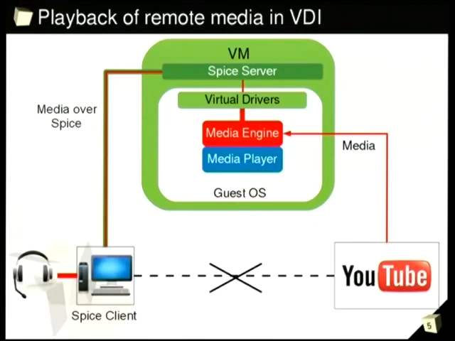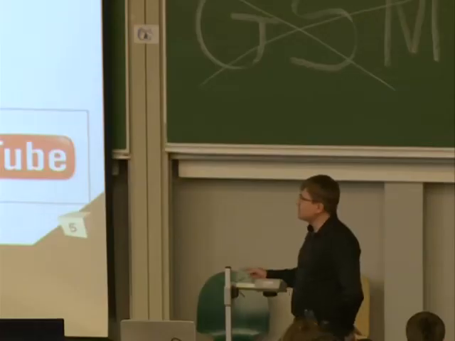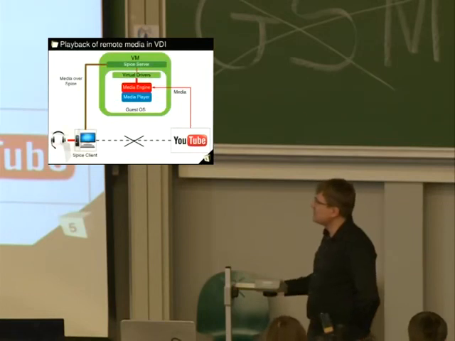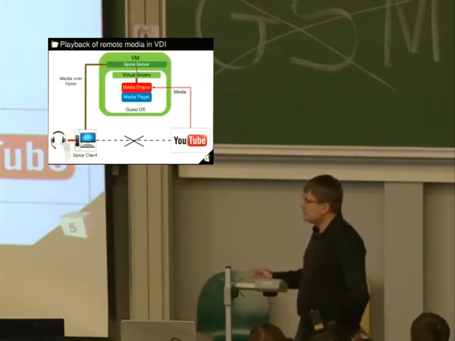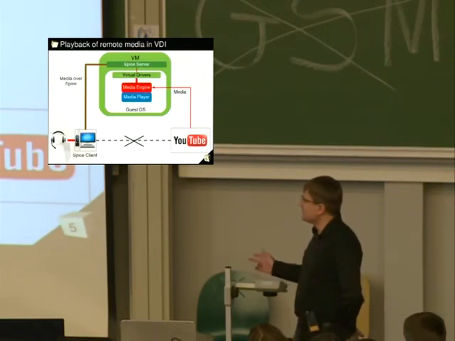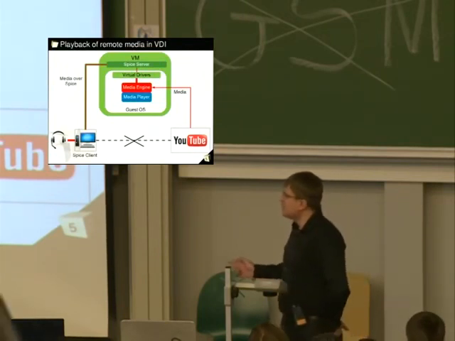Let's look at how the playback of remote media happens in the VDI and what problems we can see here. Here we see the virtual machine and the simple media player installed there with the media engine component highlighted in red. When the user wants to play YouTube on his virtual machine, it connects, probably via HTTP.